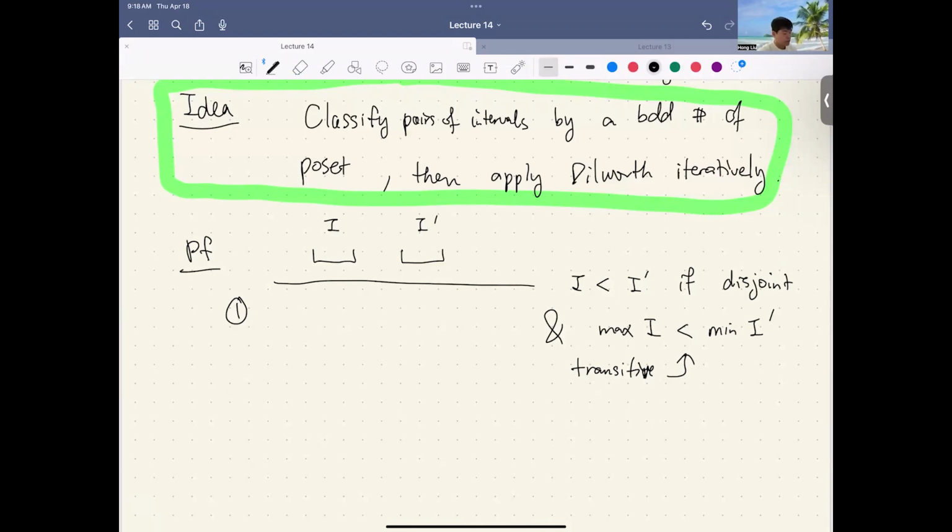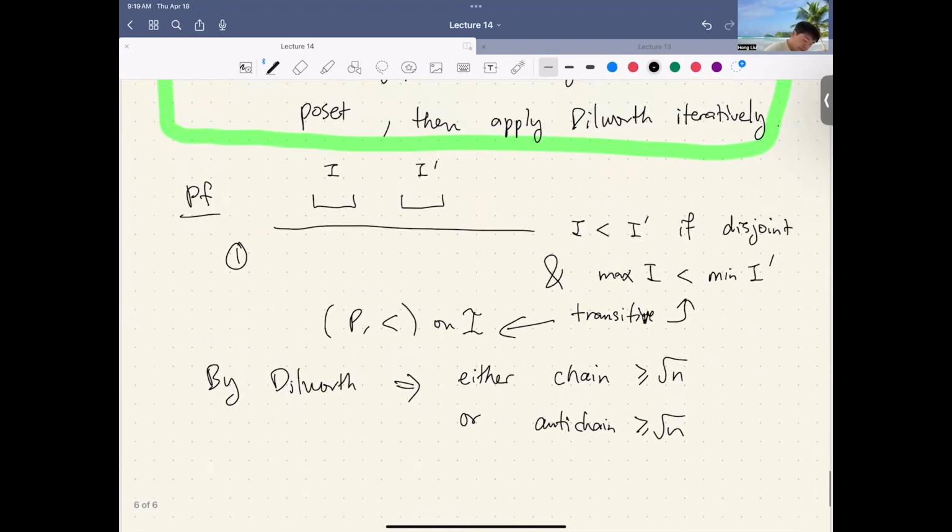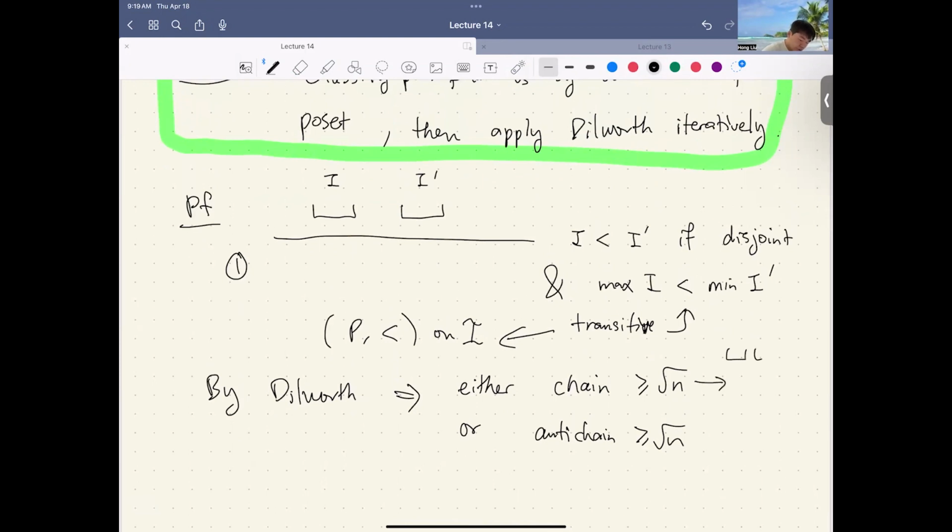Okay. So define this partial order. So this defines a partial order P on I, right? Now by Dilworth, either a chain of size square root n or an anti-chain of size square root n. In the first case, this is pairwise disjoint.